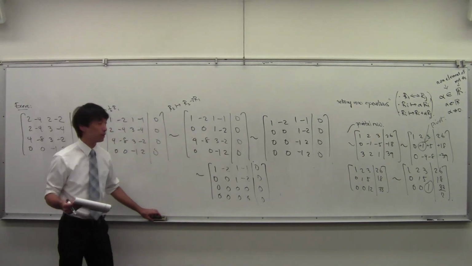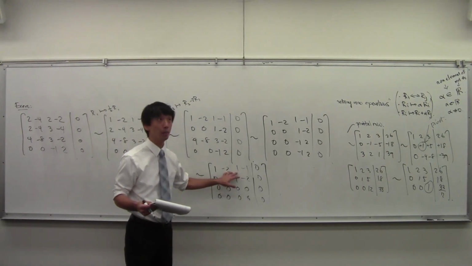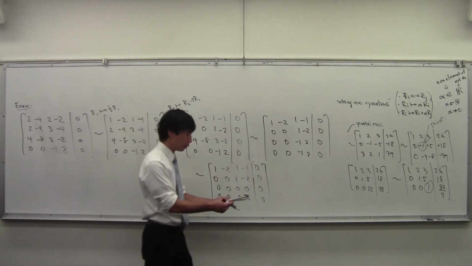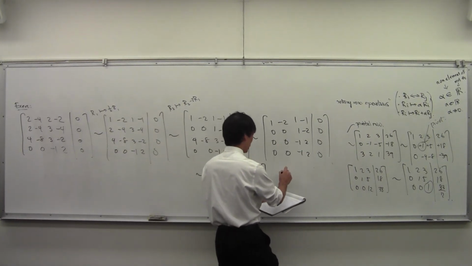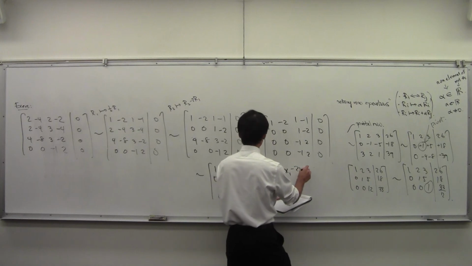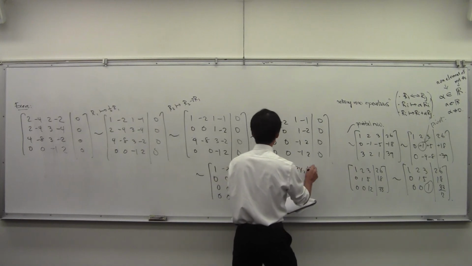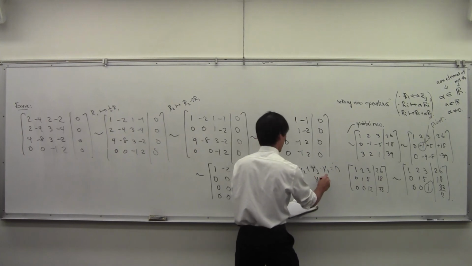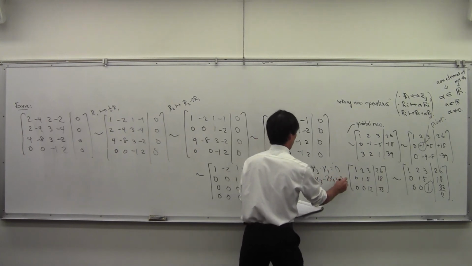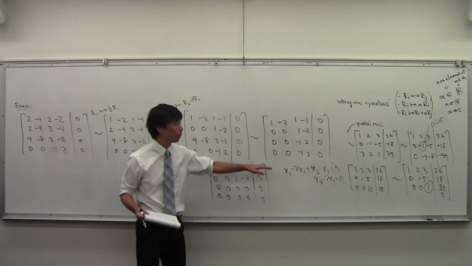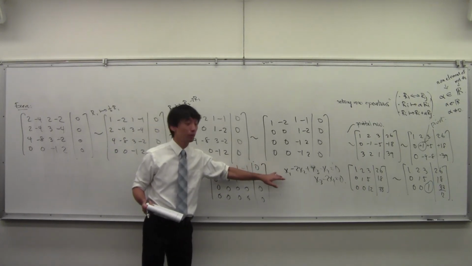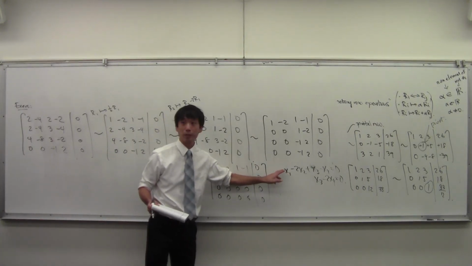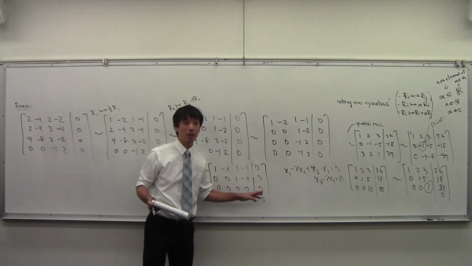And so what you end up with is an underdetermined system. This system is going to be x1 minus 2x2 plus x3 minus x4 equals 0, and x3 minus 2x4 is equal to 0. So you're in a 4-dimensional space and you've got two equations in this four-dimensional space.